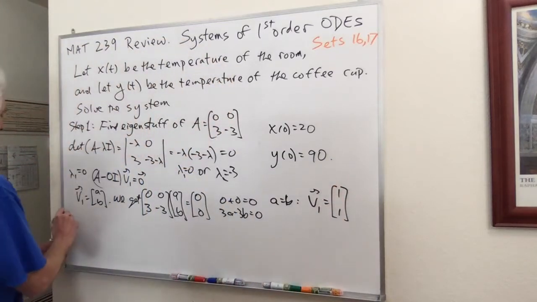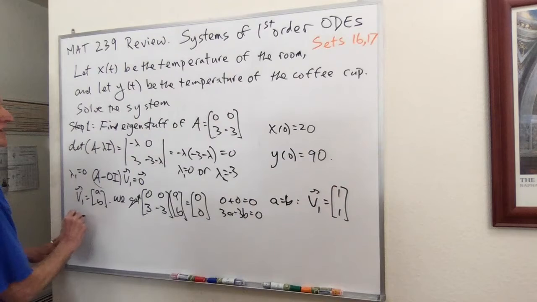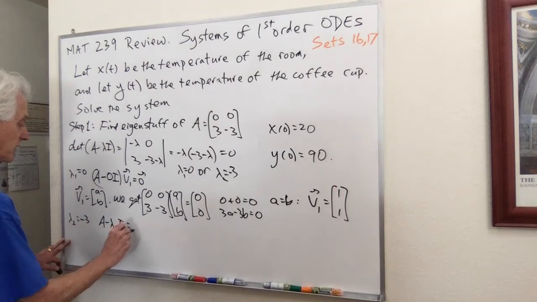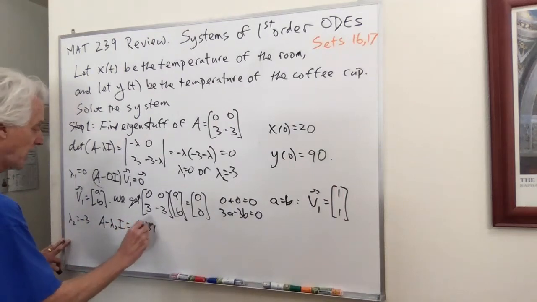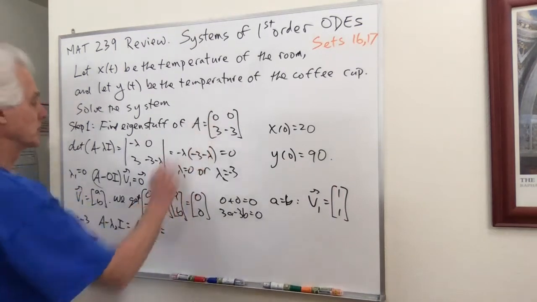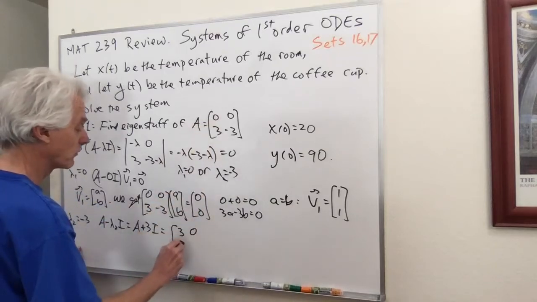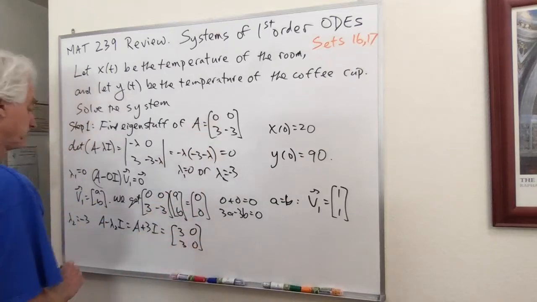Okay, so we have lambda 2 is negative 3. We have A minus lambda 2 I is A plus 3I, which is going to be 3, 0, 3, 0.